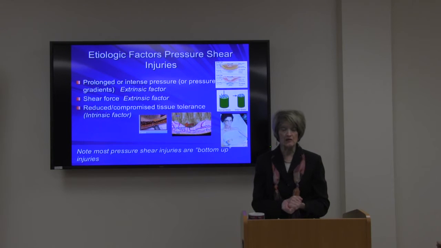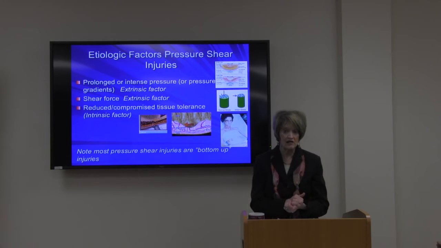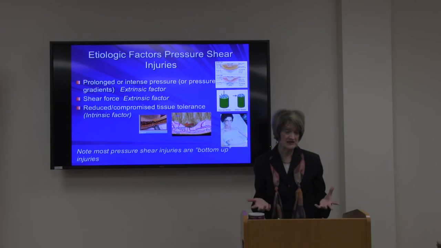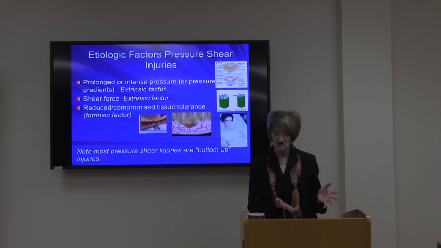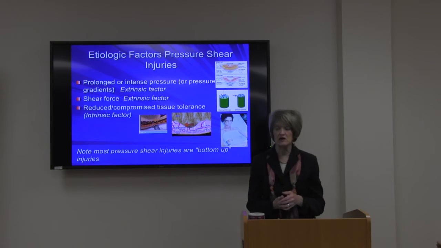And then compromised tissue tolerance, meaning that some patients are higher risk for pressure damage because they're very thin and they can't evenly distribute pressures, because they're febrile and they're using oxygen at a faster rate, because they're hypotensive, and even at baseline their tissue perfusion is compromised. Many things that would render a patient much more vulnerable. So compromised tissue tolerance is an intrinsic factor.